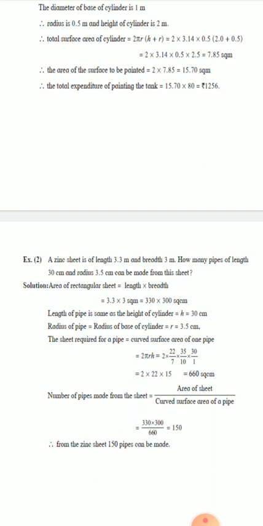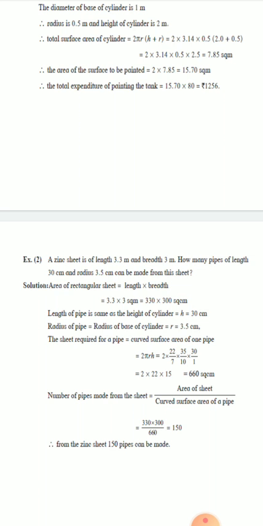So from the given sheet, whose material is zinc and dimensions are 3.3 meter into 3 meter, I can draw 150 pipes as per the requirement, that is whose length must be 30 centimeter and radius must be 3.5 centimeter. See here the problem is simple.